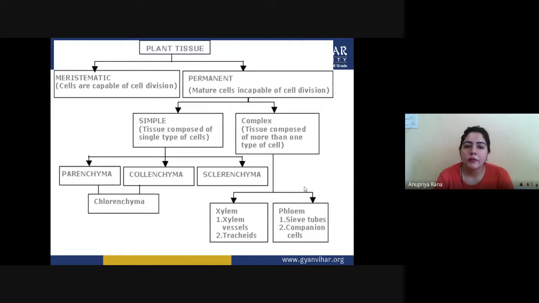You can see here, the very first plant tissue system is divided into two broad categories, meristematic tissue system and permanent tissue system. As the name suggests, the meristematic tissue system is actually the kind of temporary tissue. These are the type of temporary tissue which are not present inside the plant body for its total lifespan.